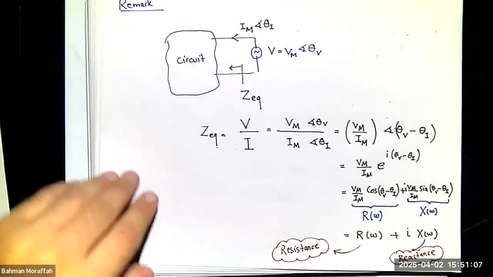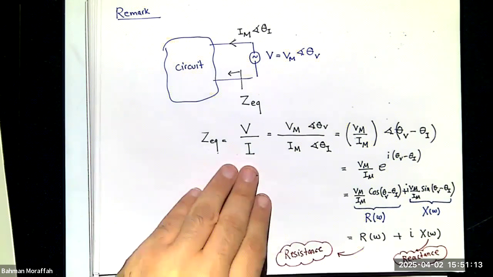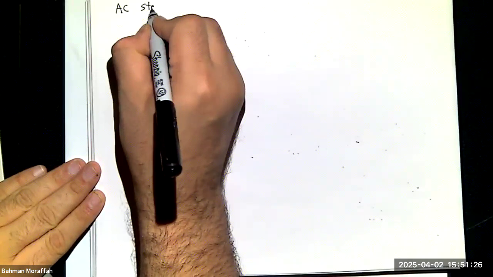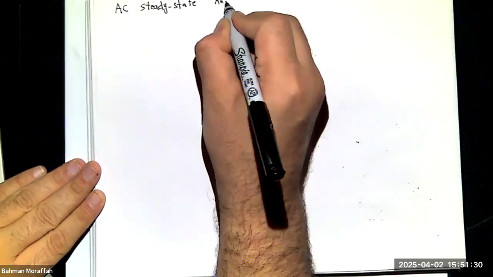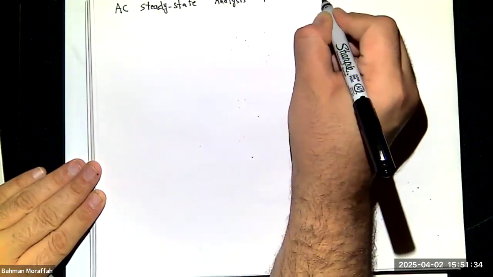So now we have all these. We should be able to solve any circuit that we want. Let me quickly give you a recipe as to how we can apply this to any circuit. AC steady state analysis of a circuit.